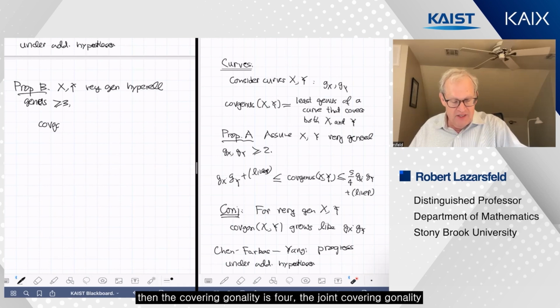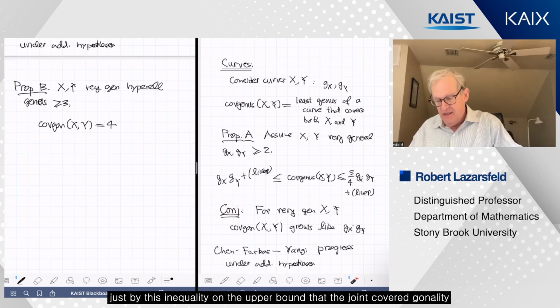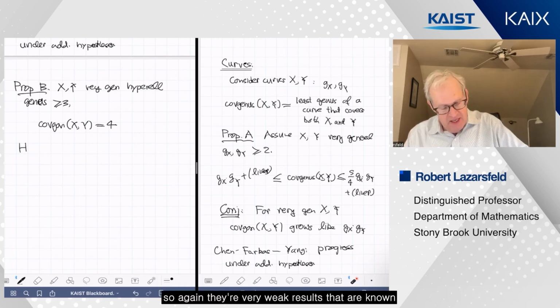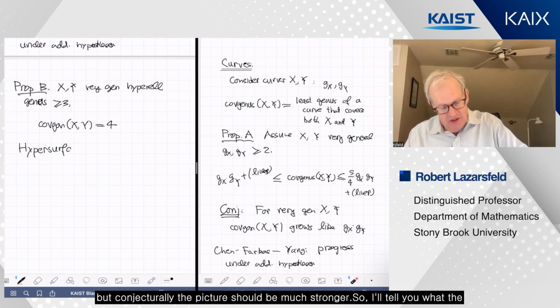The joint covering gonality is at most 4 just by the dumb upper bound, that it is at most the product of the gonalities, but it's equal here. This uses some specialization arguments. These are very weak results that are known, but conjecturally the picture should be much stronger.